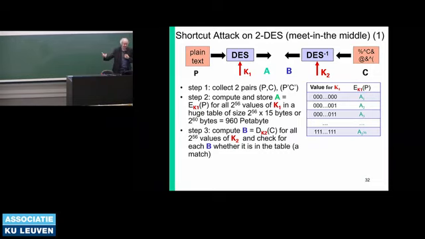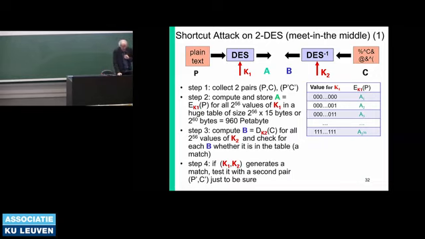You just take C, you try a key K2, you decrypt, and you check whether the value you have is in the table or not. So you have to do one decryption and one table lookup to check: is the value which I obtained present in the table or not? That we call a match. And then you find the solution.